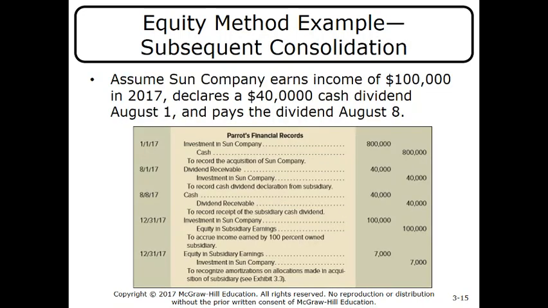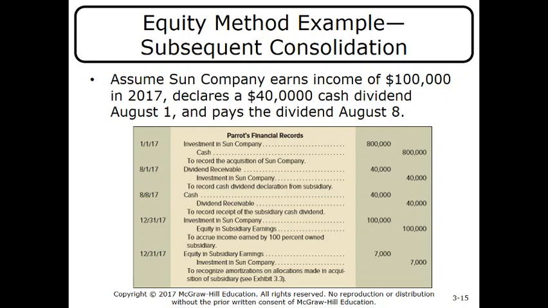All right, so here are the entries that would be made on Parrot's books. The $800,000 for 100% of Sun's stock must have gone to the shareholders, not to Sun, because Sun is not making any entries here.